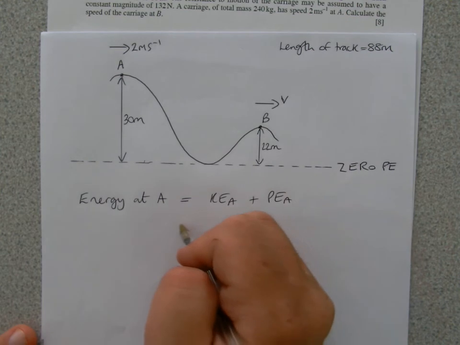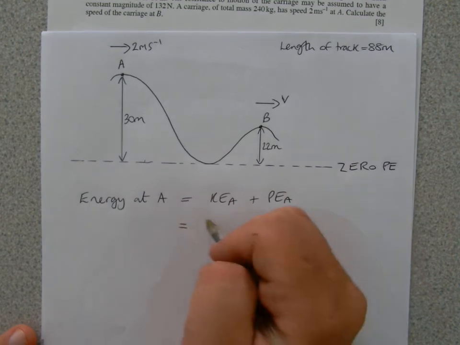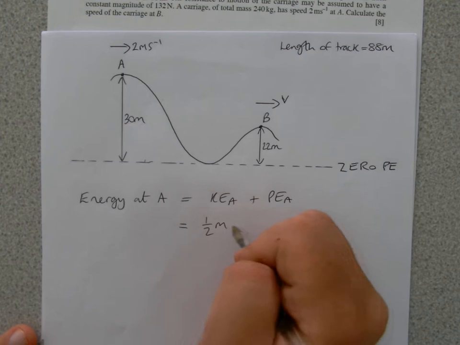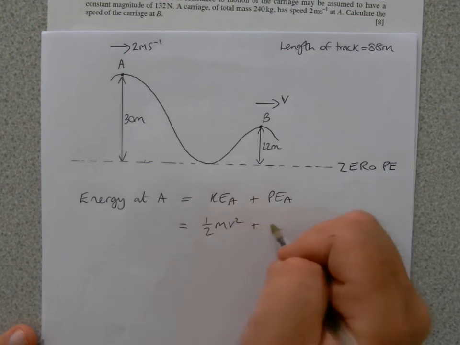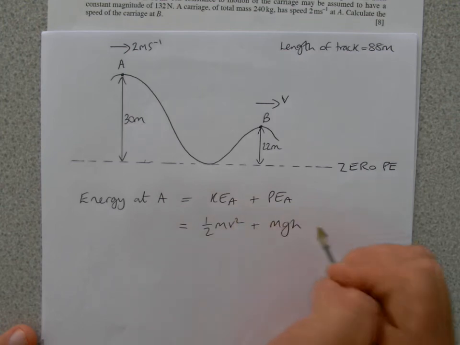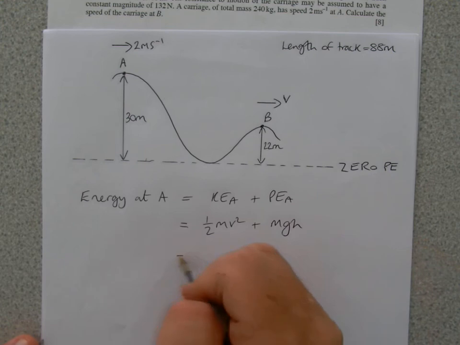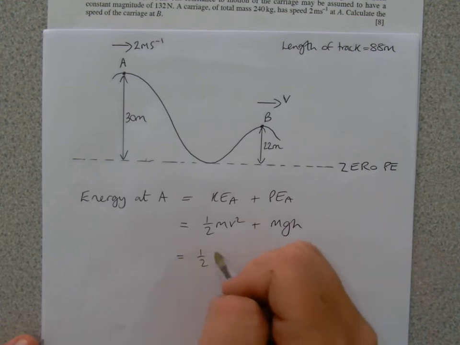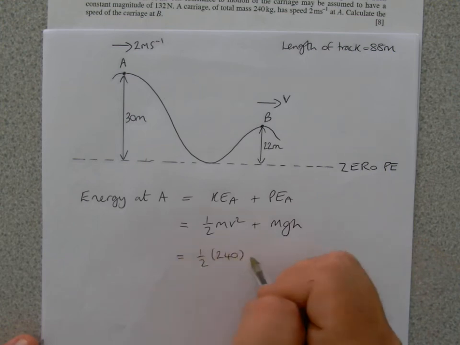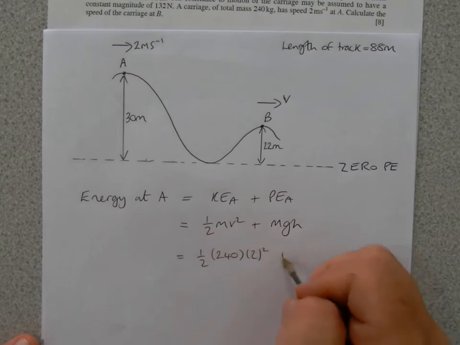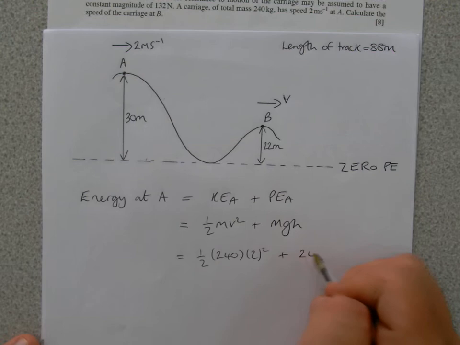So the kinetic energy is that formula, remember, half mv squared, and potential energy is mgh. We know the mass is 240, and the speed is 2, so we've got to square that. And then mgh: the mass is 240, gravity is 9.8, and the height at A is 30.